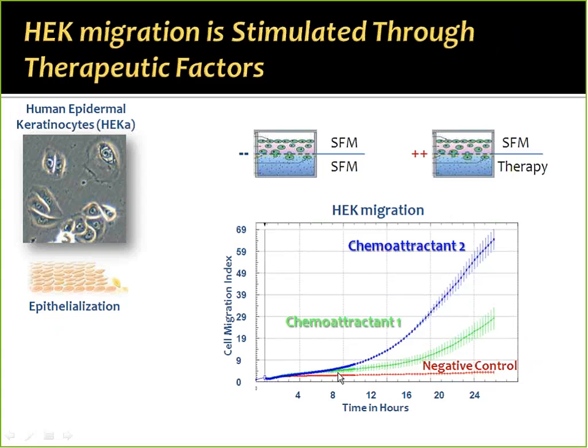But keratinocytes are not coaxed to migrate until about 10 hours into the assay, and then they do so slowly up until about 16 hours, and it isn't until after 24 hours that you really see a great separation and a greater migration response with keratinocytes. This is the sort of information that is missed when one is doing a standard endpoint assay like the Boyden chamber. Here we have a lot of data, all of it with standard deviation error bars at every 15 minutes when the data was scanned and recorded.